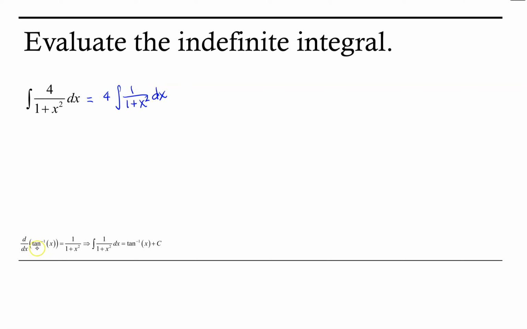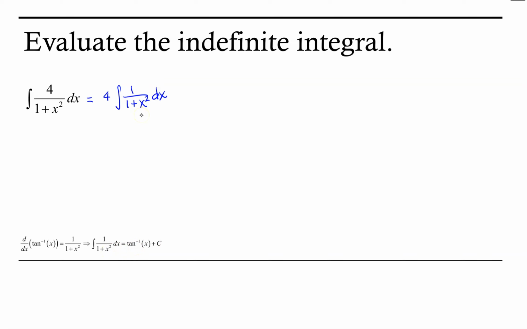And as we see down here, the derivative of the arctangent function is 1 over 1 plus x squared. So the integral, or the antiderivative of 1 over 1 plus x squared, must be the inverse tangent function.